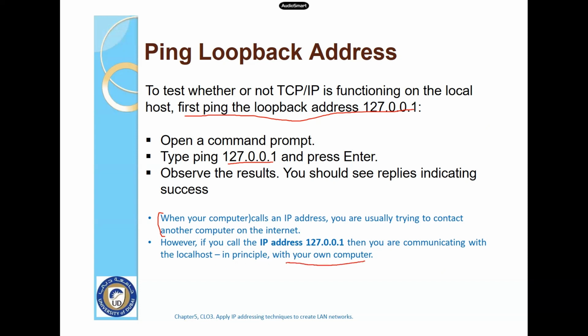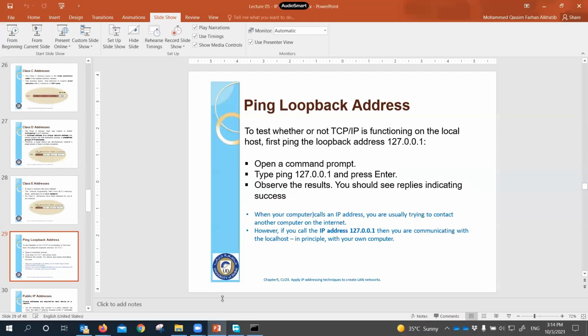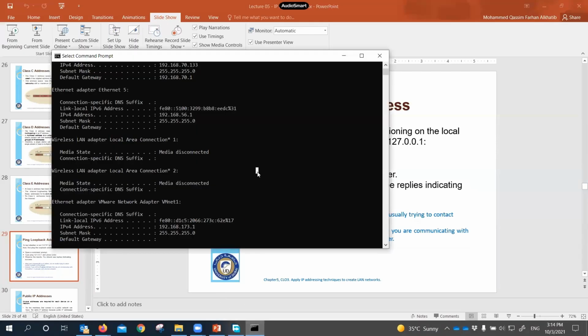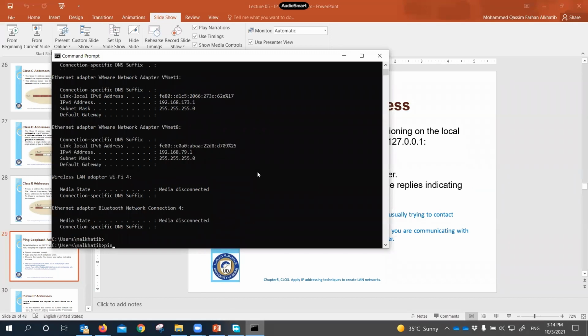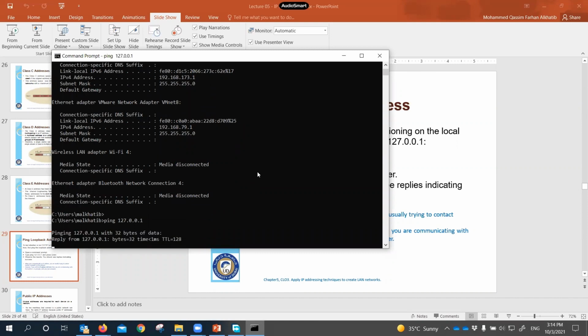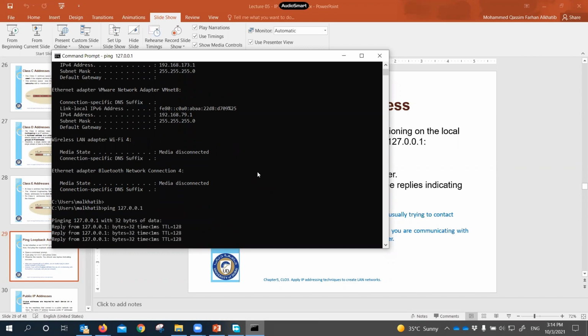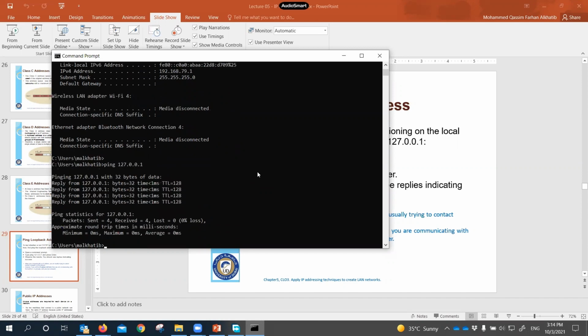Check that the ping is functioning well. So let's give it a try here. It says ping 127.0.0.1. There you go, it's working, success. Then the ping functionality is working fine. The local host is doing its job.